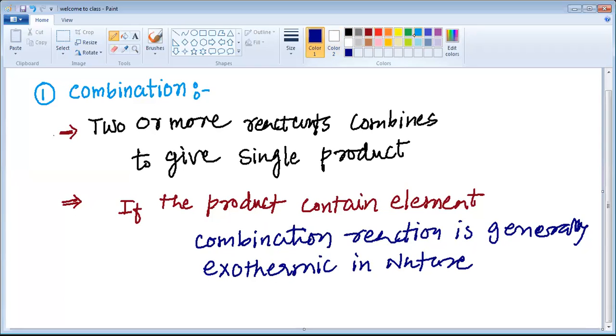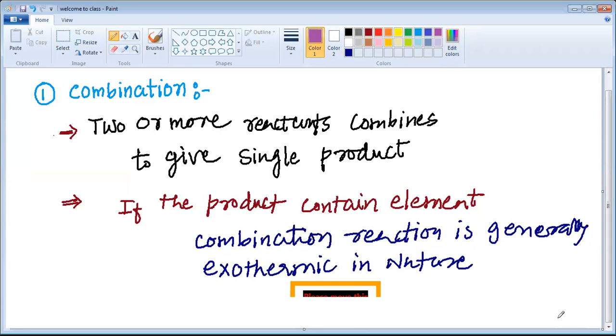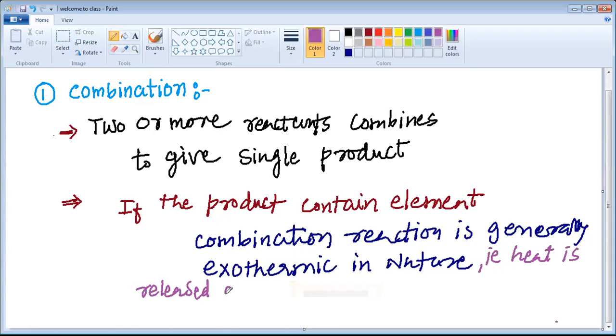Exothermic in nature means what happens? We can say that heat is released during the reaction.